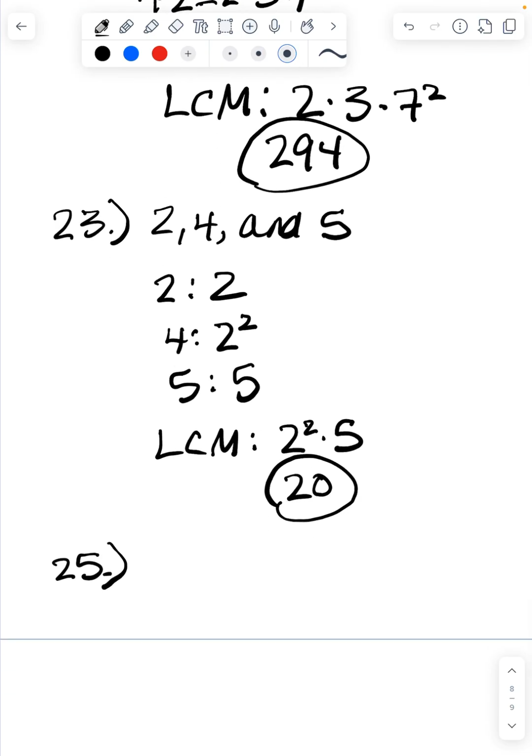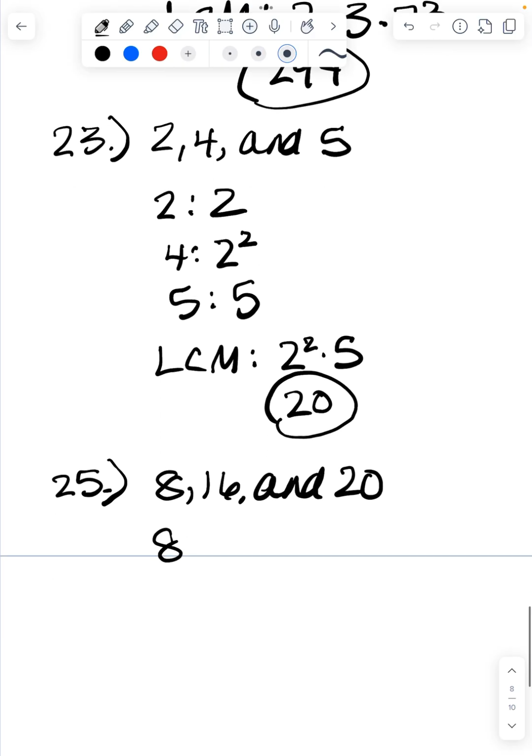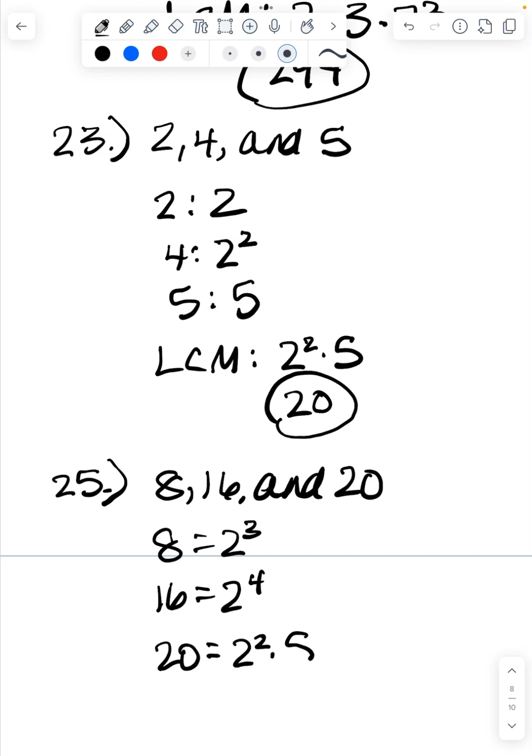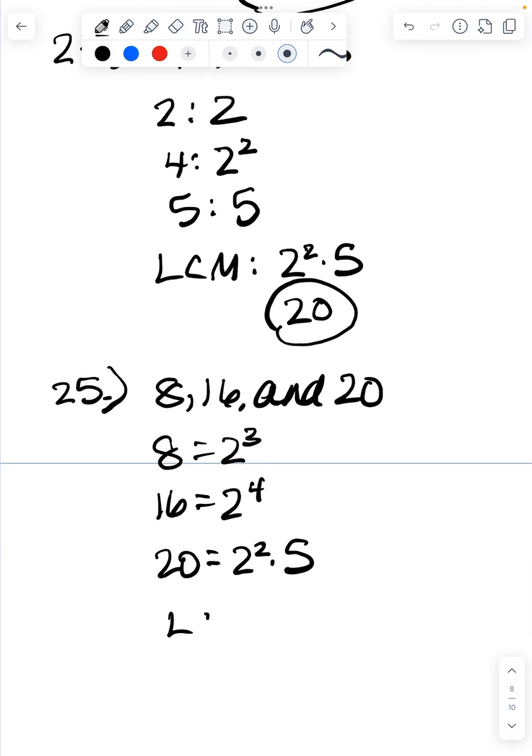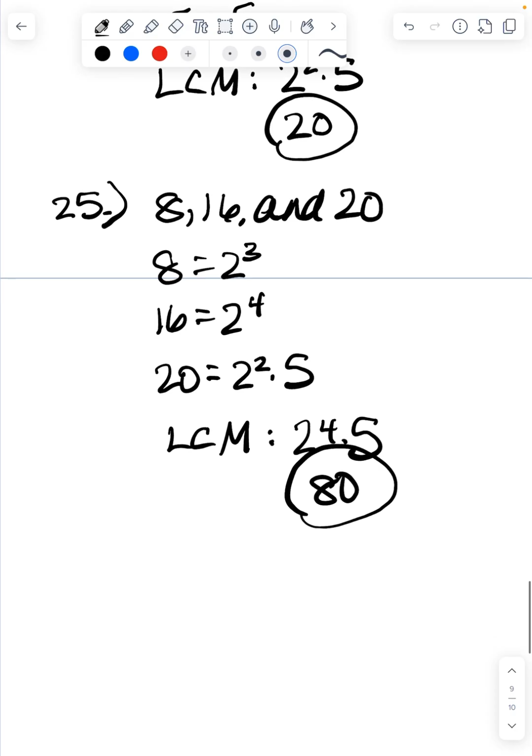Number 25, 8, 16, and 20. So 8 is 2 cubed, 16 is 2 to the 4th, 20 is 2 squared times 5. So the least common multiple here is going to be 2 to the 4th times 5, which is 80. Number 27, 8, 15, and 18.